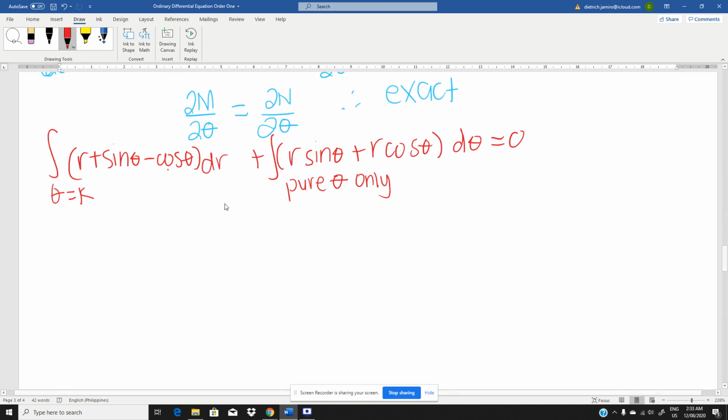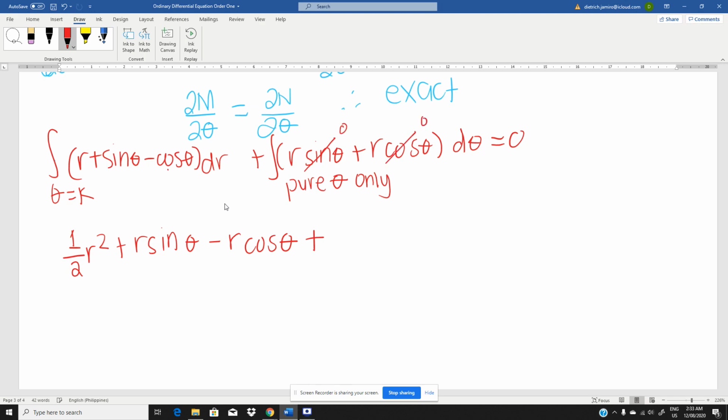Integrating with respect to dr, we will have 1/2 r squared plus r sine theta minus r cosine theta plus, as you can see, do we have pure theta only? We don't have, so this will become 0. So we will have plus 0 is equal to c.